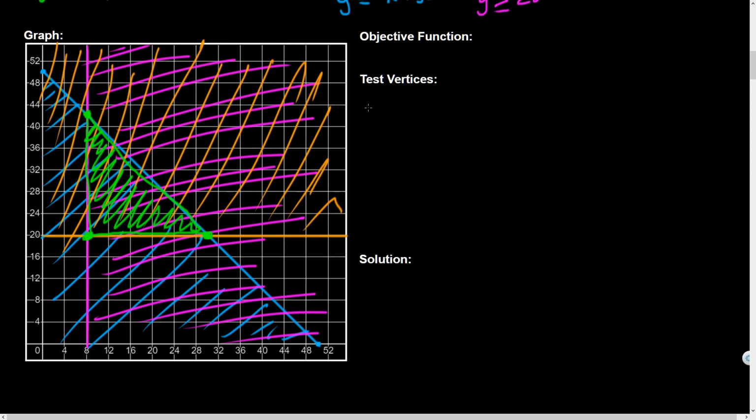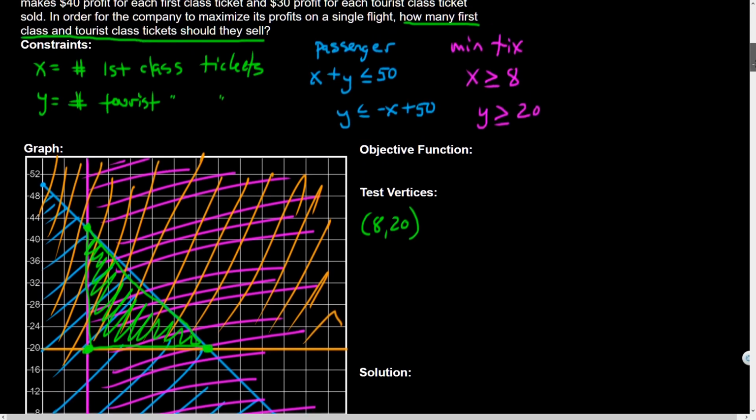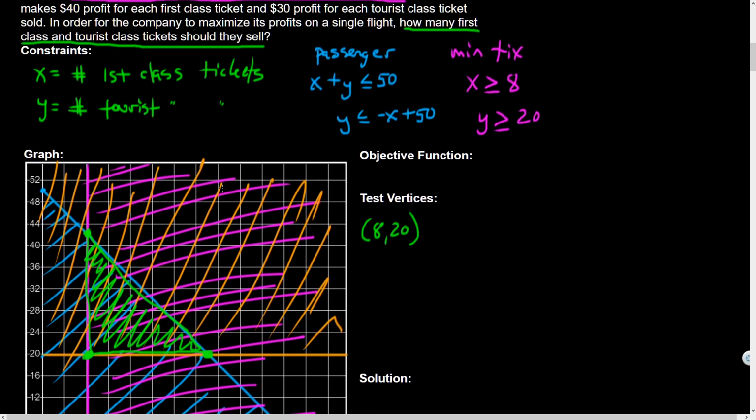So this one is 8, 20. Another looks like 8, now I'm tempted to say 42. Let's see, if X is 8 and I plug 8 into the blue line, I'd have negative 8 plus 50.